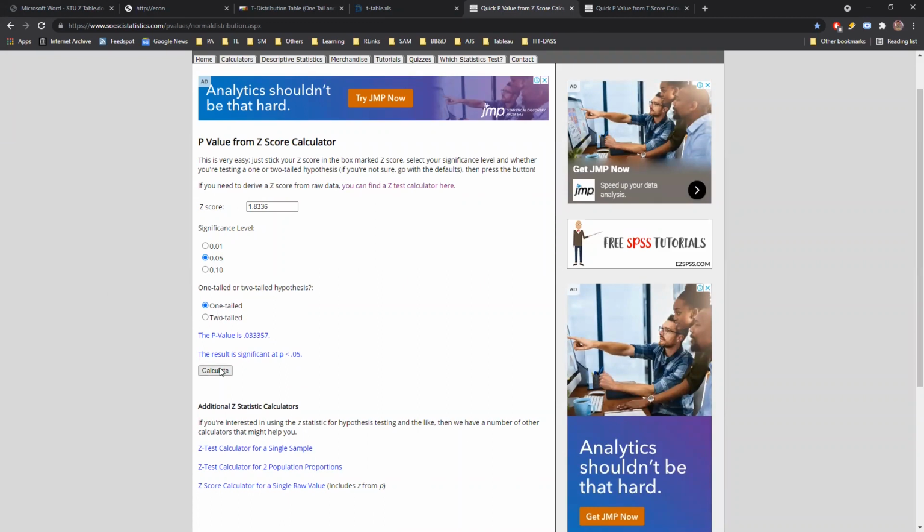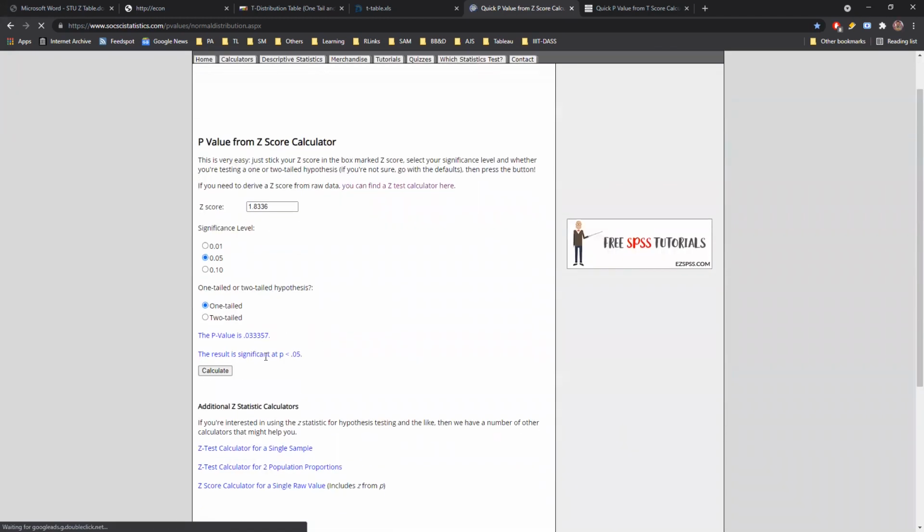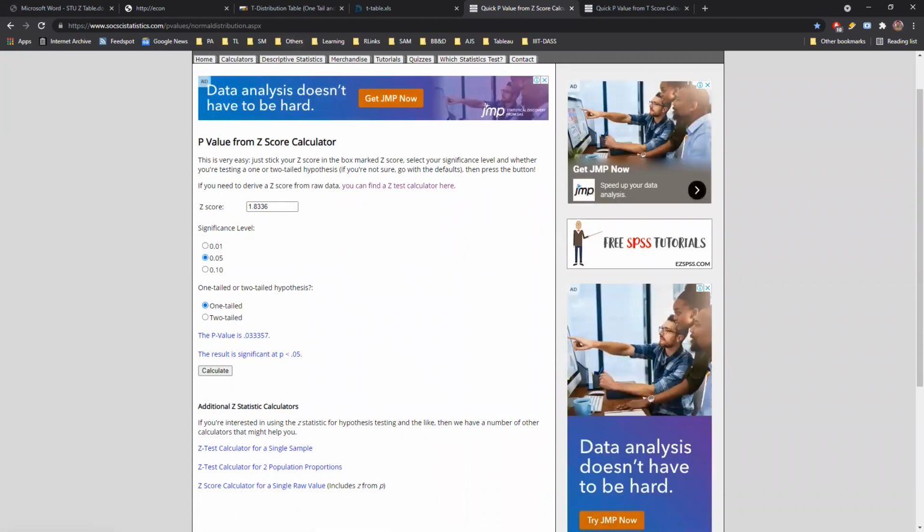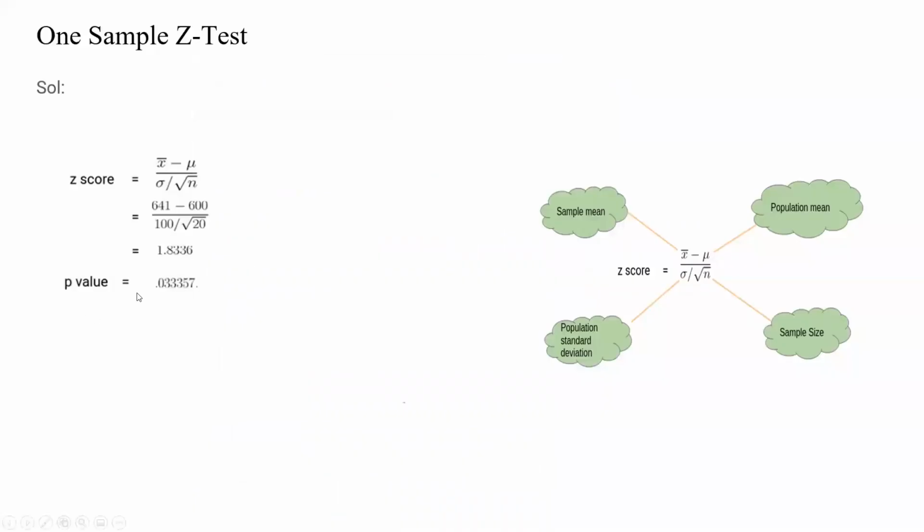If I click calculate, I get my p-value to be 0.033357. Given that p-value, I can say that my p-value is less than my level of significance, which is 0.05, so I would make a decision to reject the null hypothesis. So that is one way, using the p-value.